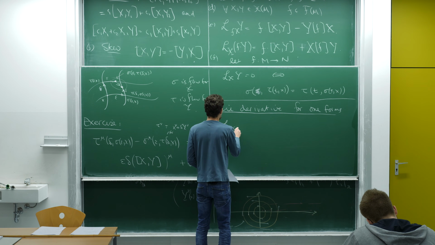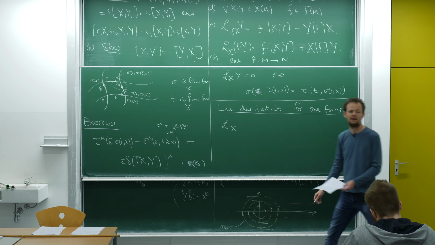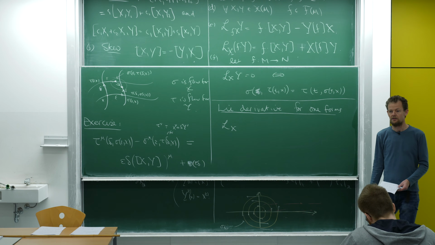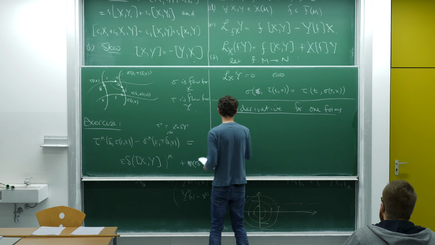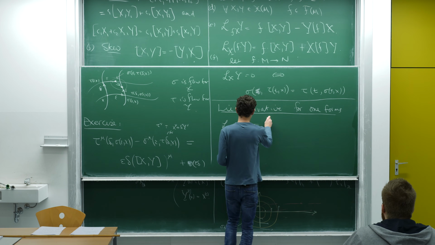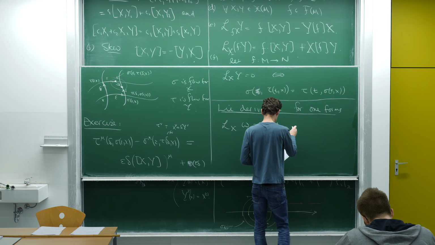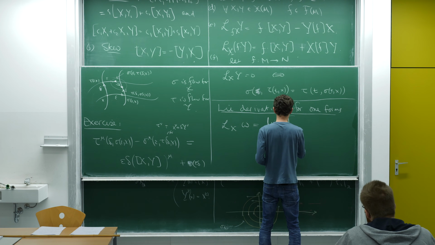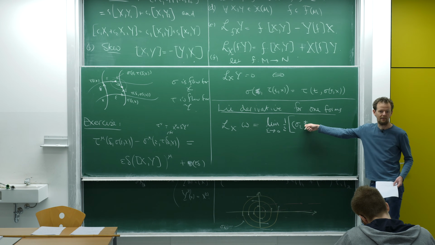So if you have your reference vector field x, but you have now a one form, what could it mean, the derivative? Well, we have a reasonable notion of pullback for one forms. So we're just going to replace everywhere where we would have put a push forward with a pullback. So this is now pull back.